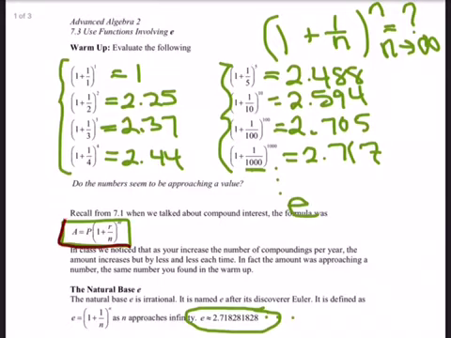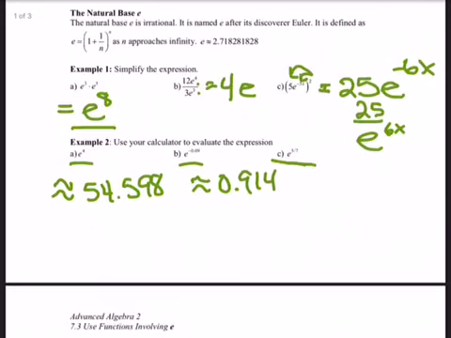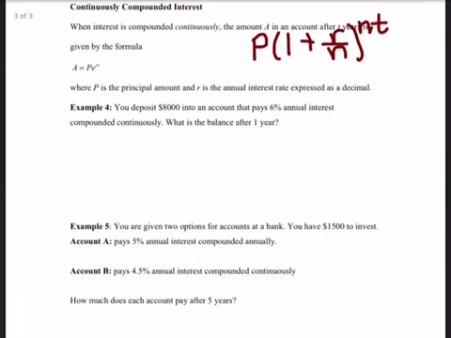We did that in the last one, where n was the number of times that the account compounded in a year. R is the rate of your bank account, your interest rate. So if n goes to infinity, that means it's continuously compounding.